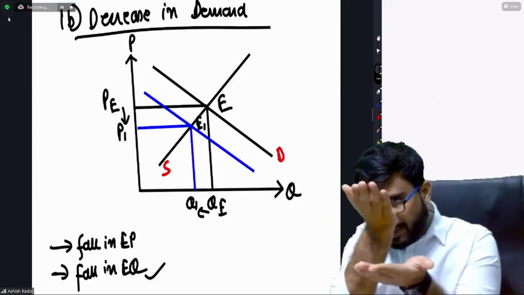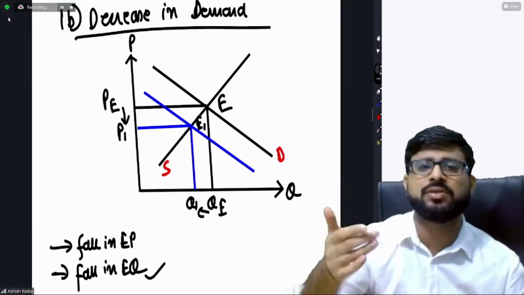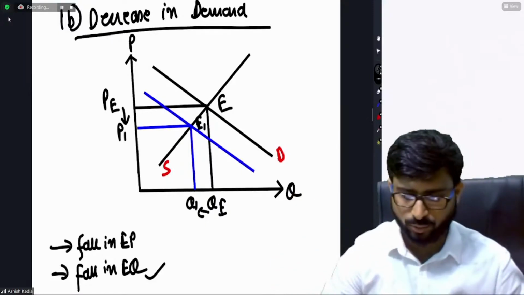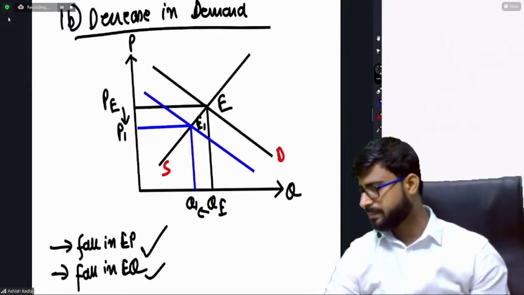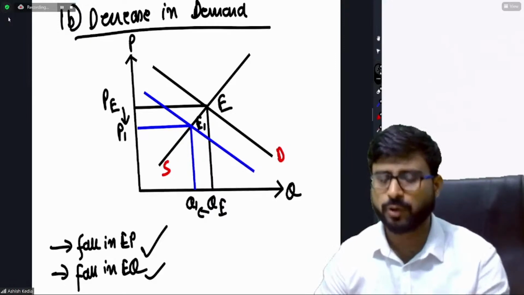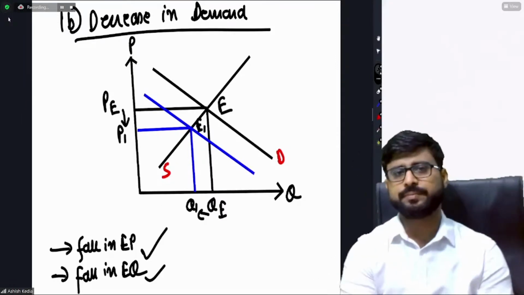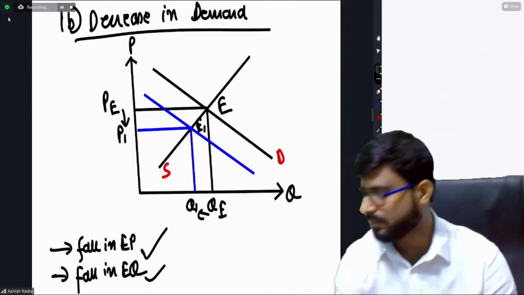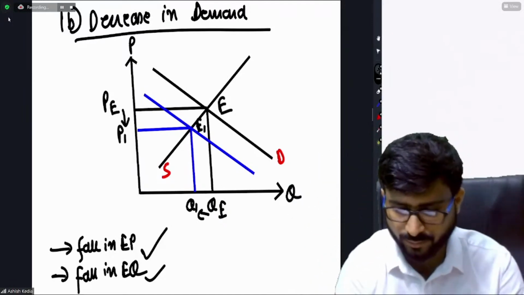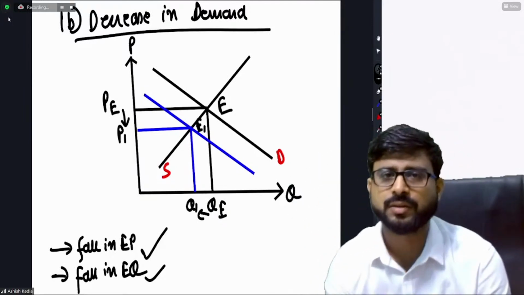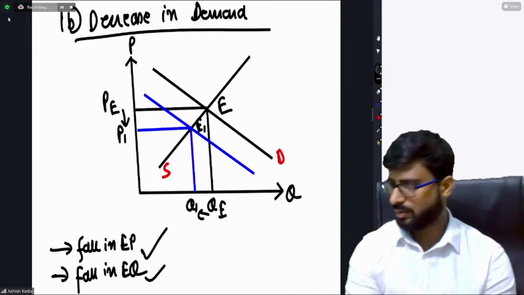So there is excess supply. Whenever there is excess supply, prices what? Fall. So fall in equilibrium price. Khatam. With graph or without graph, both we have understood. I hope it's clear, everybody. Yes or no? Come on.